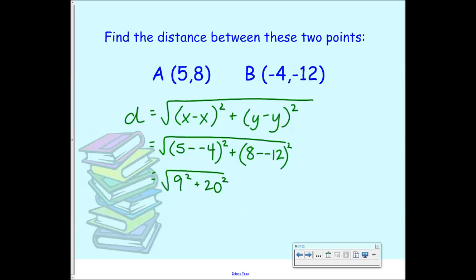What's 400 plus 81? Is that a perfect square? So do we have to do anything else? So how long is that line? Square root of 481. Okay, which is a little bit bigger than 20. All right, so that'll be approximately 21 maybe?